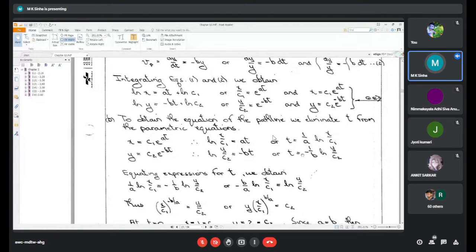For the equation of the path line, we have to eliminate the time factor from the given equations for x and y.